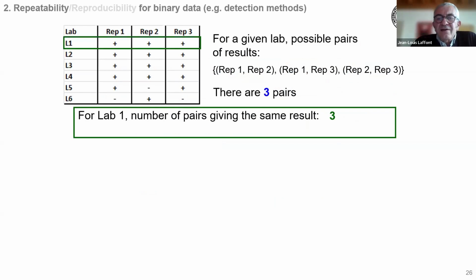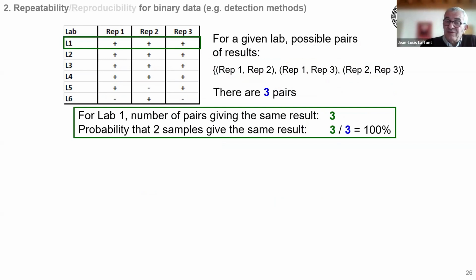For lab 1, the number of pairs giving the same result, evidently, is 3. So then we can compute the probability that 2 samples give the same result in this particular lab. It is equal to 3 divided by the total number of pairs, 3, and it's equal to 100%. The same for lab 2, lab 3, and lab 4. What about lab 5?